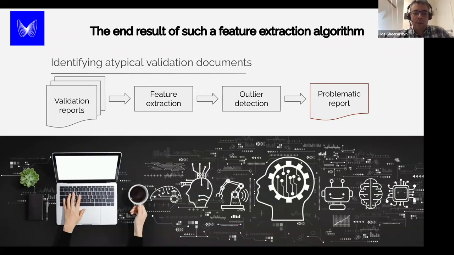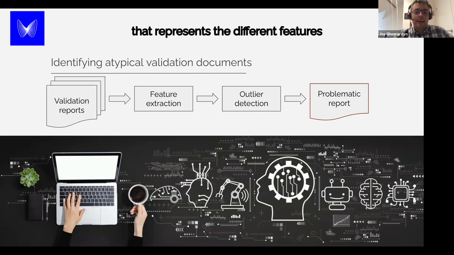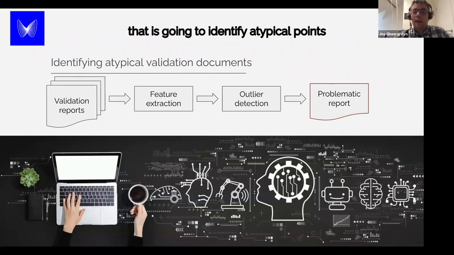The end result of such a feature extraction algorithm is going to be a vector, so basically numerical data that represents the different features and sections of a validation report. On those vectors, on that numerical data, you can then train an outlier detection algorithm that is going to identify atypical points in the entire data set.